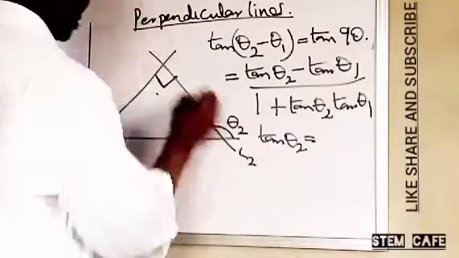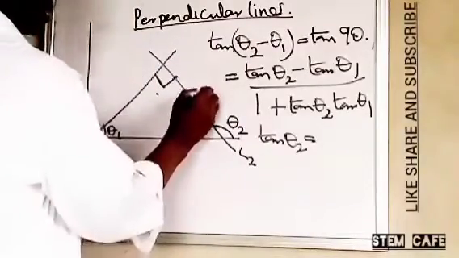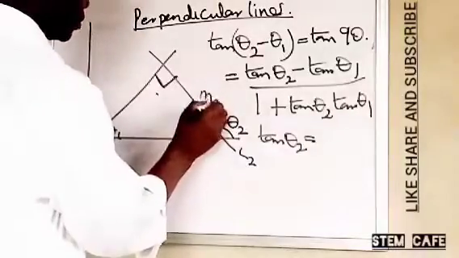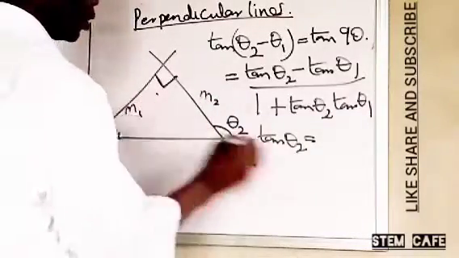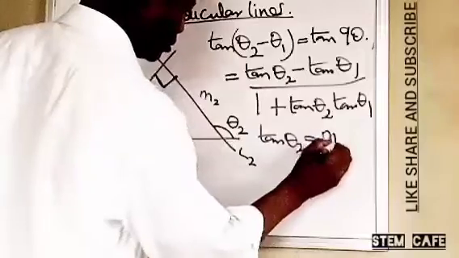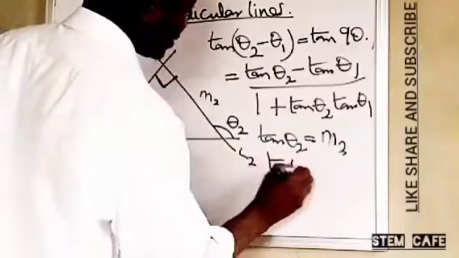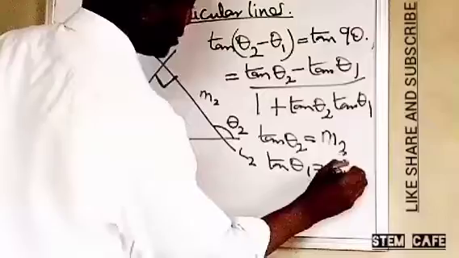Let's call this line 2 and this one line 1. So this is M2, call this one M1. So the gradient of line 2 is M2, and tan θ1 is M1.